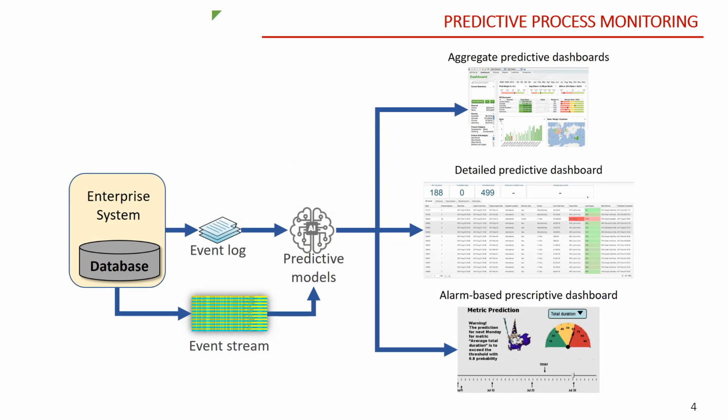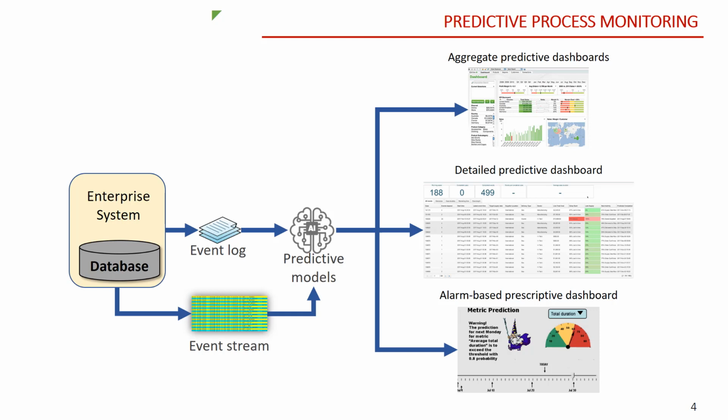In general terms, the pipeline starts by extracting an event log from an enterprise system, and then we train a predictive model. Then we can take cases that are in execution in an event stream and give this information to our predictive model. With this information, we are able to create detailed predictive dashboards that give information on each one of the cases, when it's going to finish, how it's going to finish, or in an aggregate way, we can predict, okay, maybe 25% of your cases are going to fail.